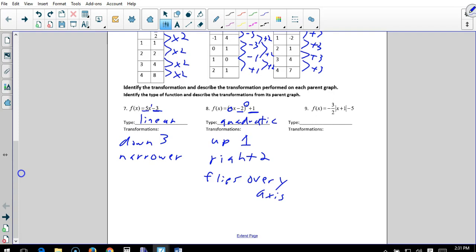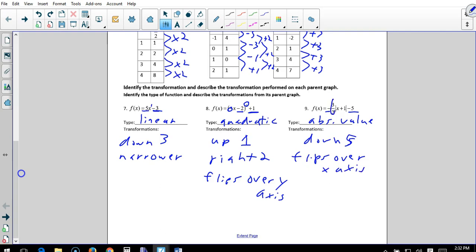Number 9. We see the absolute value bars. Down 5, shifted down 5. This negative flips over the x-axis.